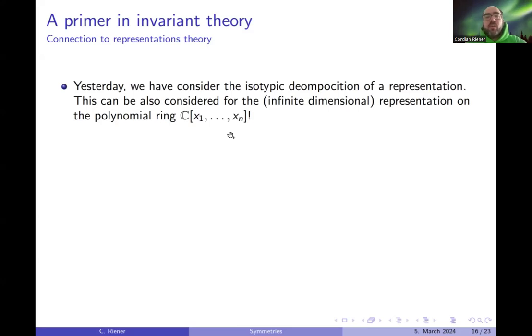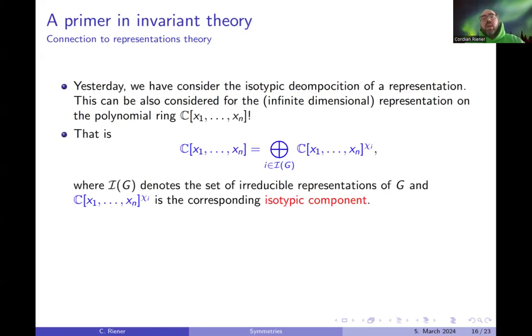So this is an infinite dimensional vector space, and we have defined a group action on it. Theoretically, we only did this for finite dimensional spaces yesterday, but this is a very nice infinite dimensional vector space, and the group action actually is very nice. So this hopefully is fine for the moment.